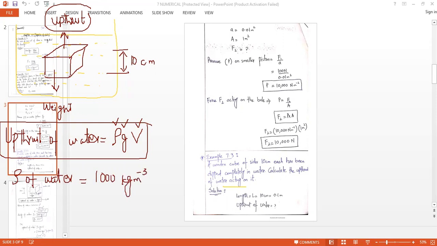Okay, the value of G is 10 meter per second square.